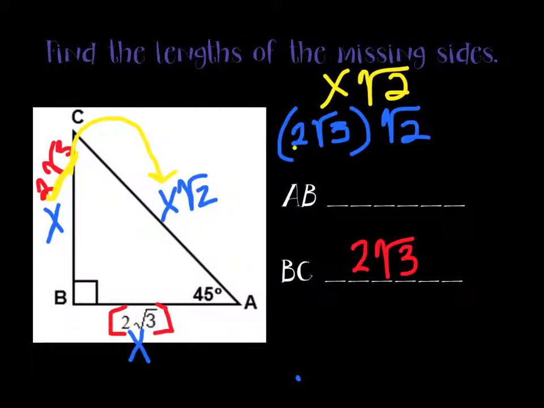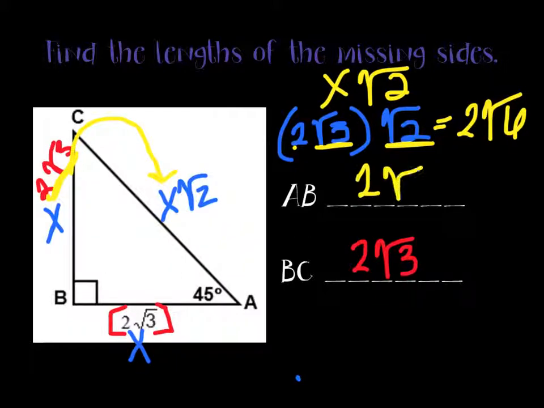Remember, you can't multiply the 2, but we can multiply the square root of 3 and the square root of 2 together. 3 times 2 is 6, so our answer would be 2 square root of 6. That's the hypotenuse for this triangle, 2 square root of 6.